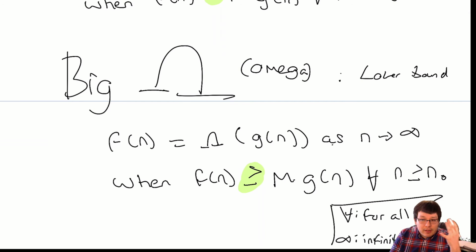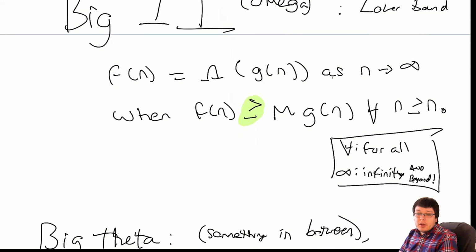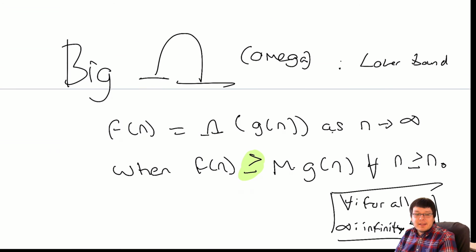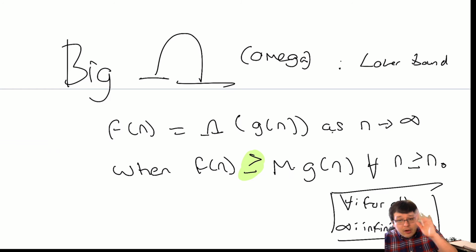So if our number is 50, then our f of x should be like 49, right? And again, we can have an m, and in this case, the m can be a smaller number to keep it low, or a fraction or whatever, okay? So I even have here reminders for the for all and the infinity. So that is going to be the definition for big omega. It's just the same thing as big O, but you flip the sign, okay? Because instead of trying to get the top, we're trying to get the bottom.